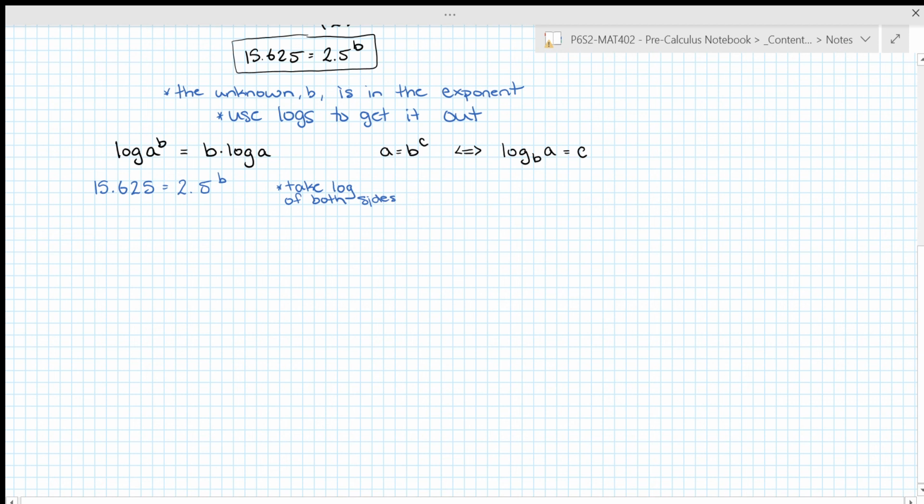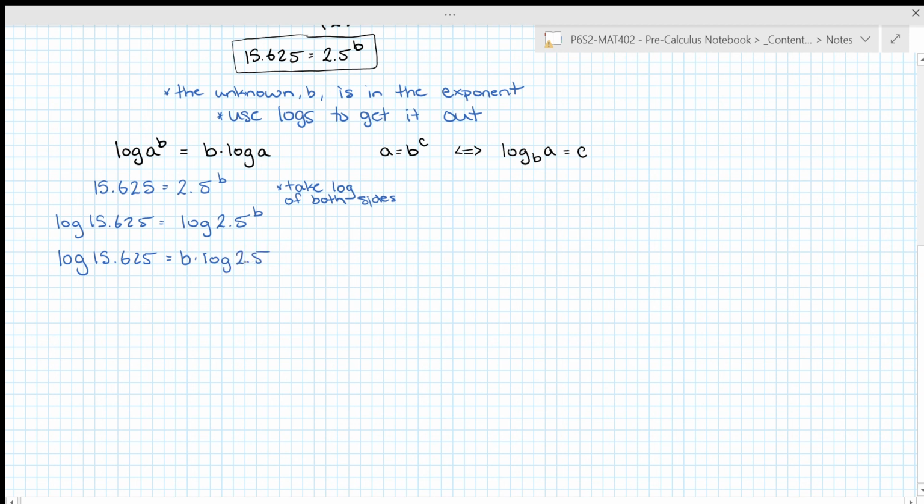So I end up with the log of 15.625 is equal to the log of 2.5 to the b power. But now I have the log of some value to some other exponent. I could just bring that b out front. This becomes the log of 15.625 is equal to b times the log of 2.5.